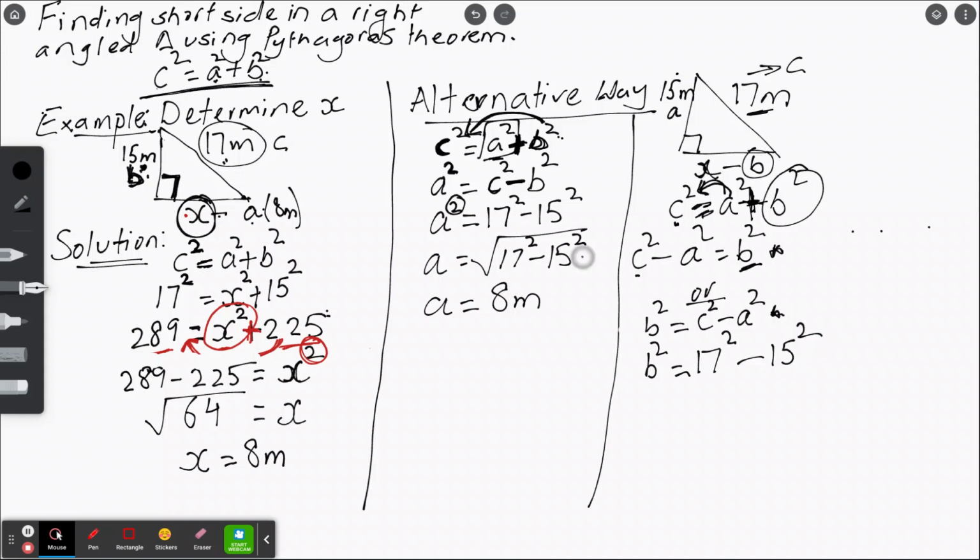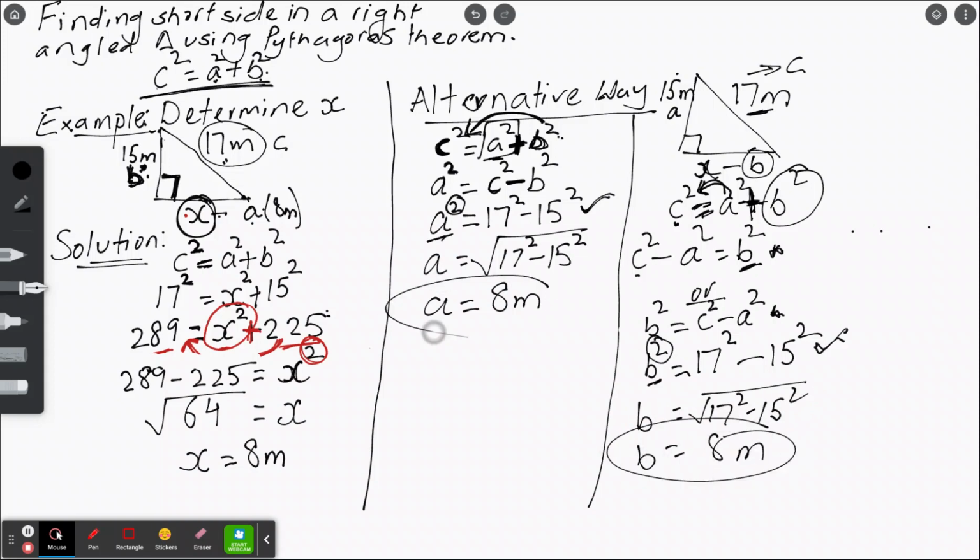This step here and that step there are exactly the same, and this step here and that step there, same. The only difference is this is an a squared, that's a b squared, but as I said, it does not matter. So now again, getting rid of the square means the opposite, means square root. 17 squared take 15 squared is going to give me 8 straight up.